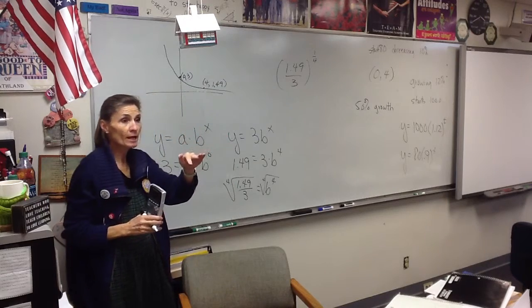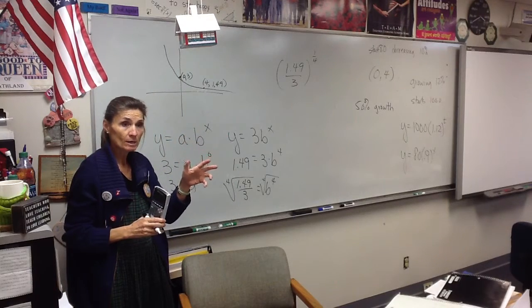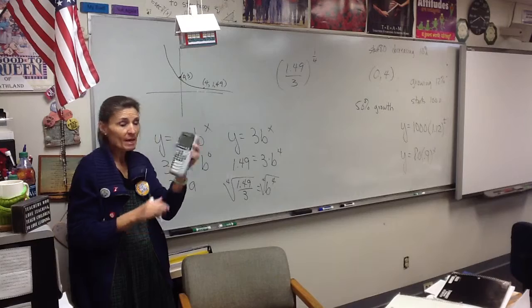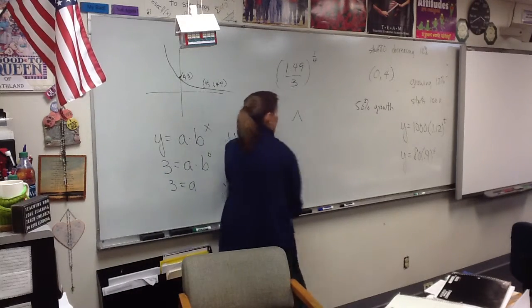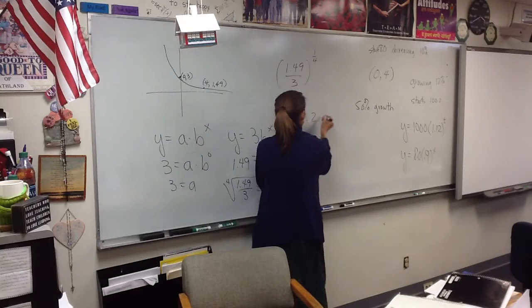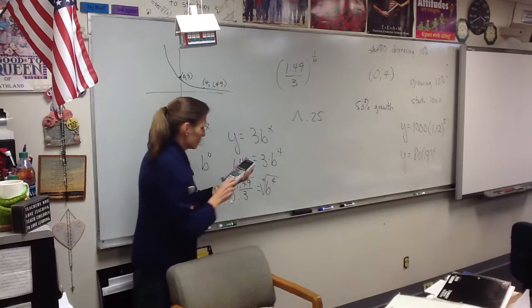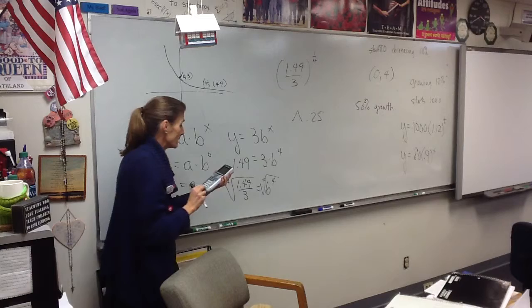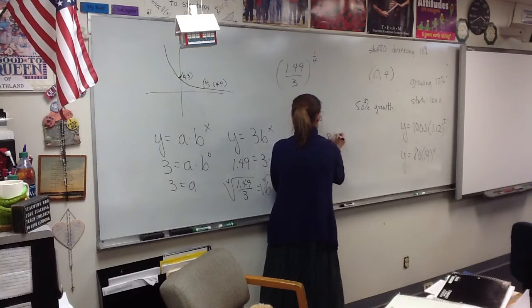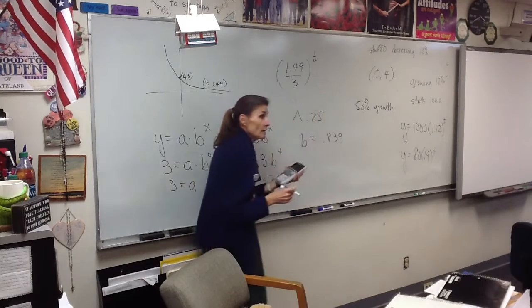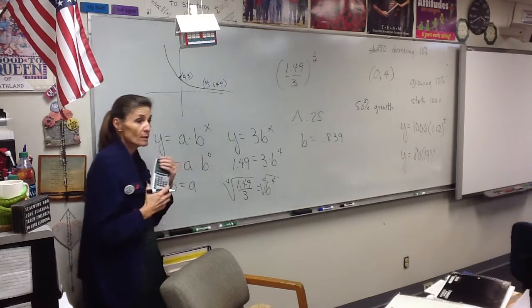Isn't a fractional exponent a radical? So I'm just going to take this decimal on my calculator and raise it to the 0.25 power, 1/4 power. And I come out with b equal to about 0.839. I have to round it off. Did you get that?